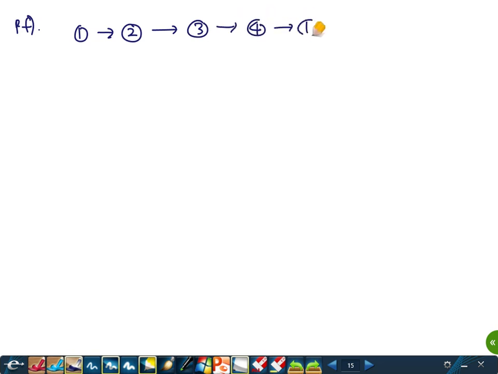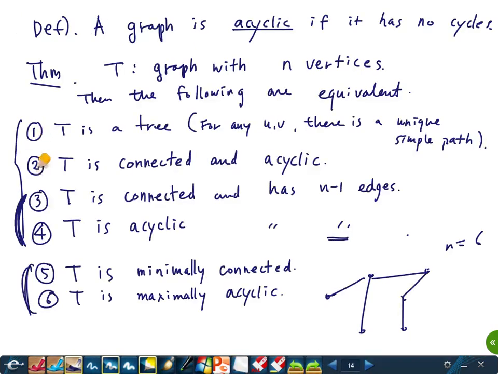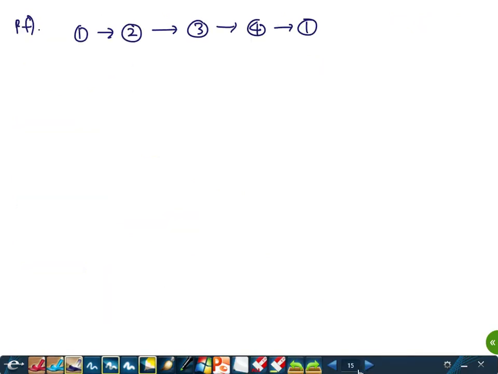We will prove that 1 implies 2, 2 implies 3, like a cycle, and finally the last implies the first. We will prove these 4 steps. Then that proves that everything is equivalent. So first, 1 implies 2.